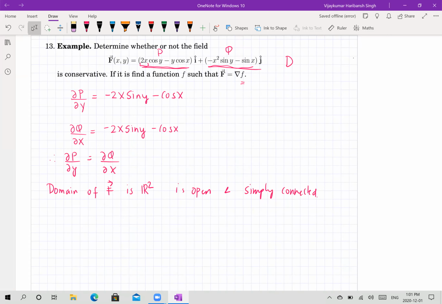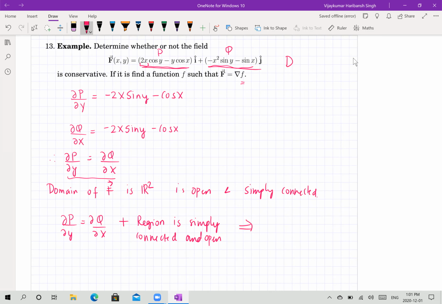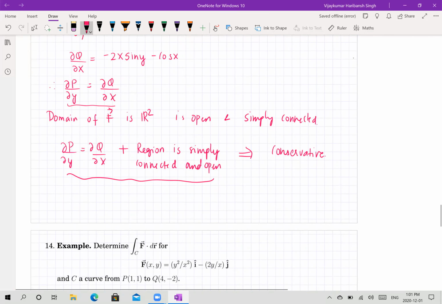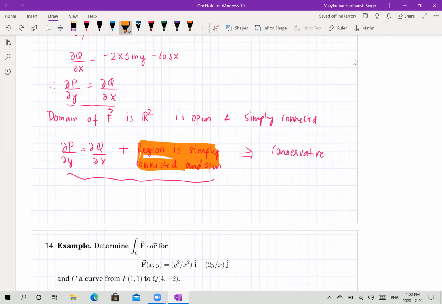So we have the following: ∂P/∂y equals ∂Q/∂x, plus the region is simply connected and open, implies conservative. Note that this part is important here. It is an important aspect of it.